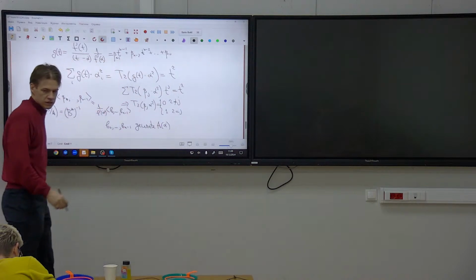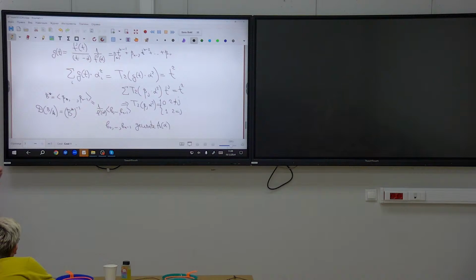If you open the brackets, you will get that the b's are just polynomials starting with coefficient 1.